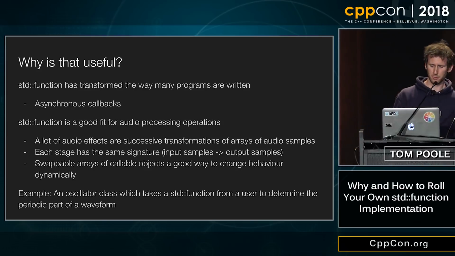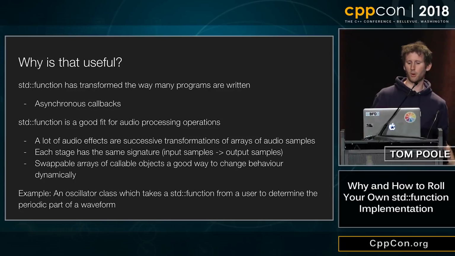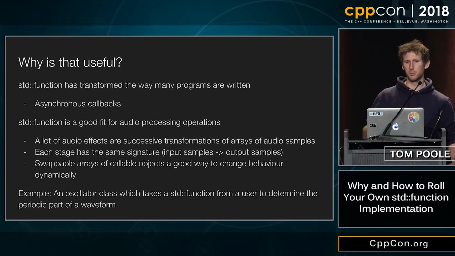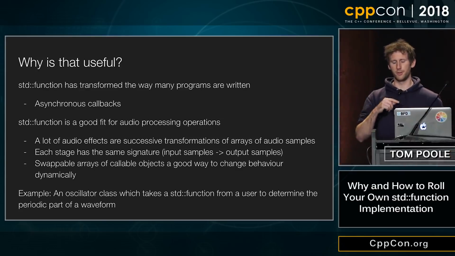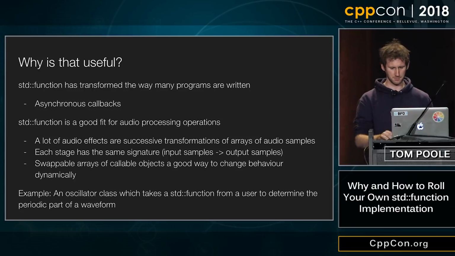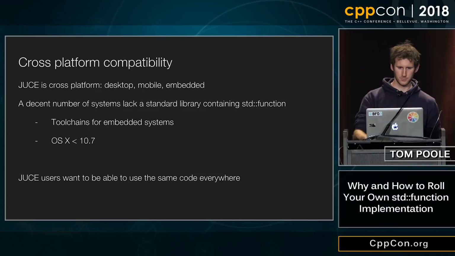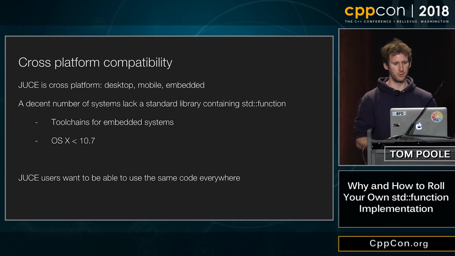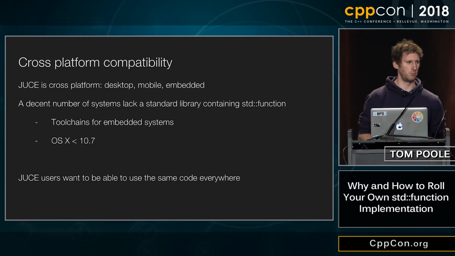Another example would be something like an oscillator class. An oscillator class does something periodic, and a user can provide a std function to determine what the wave function would look like in that periodic bit, which is then swappable at runtime. So std function is really useful, and people who use JUCE have been using it to get things done.